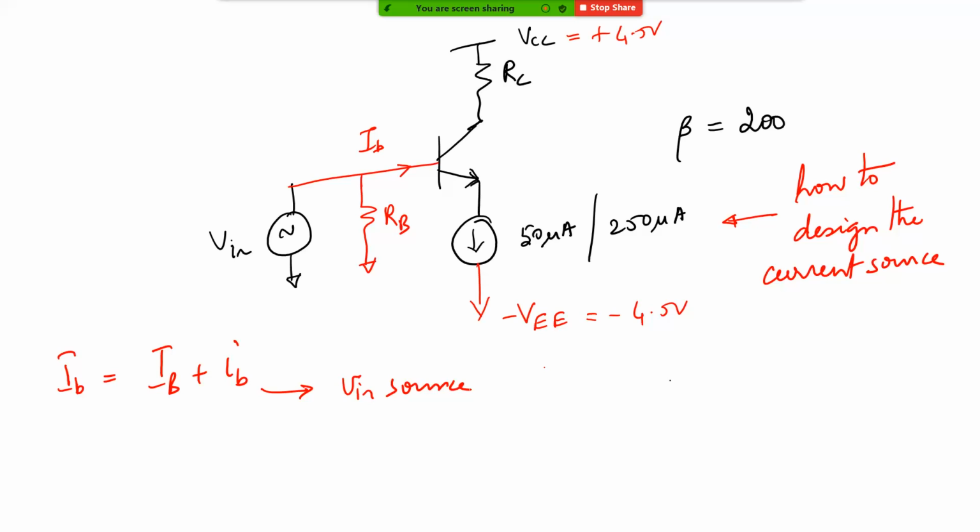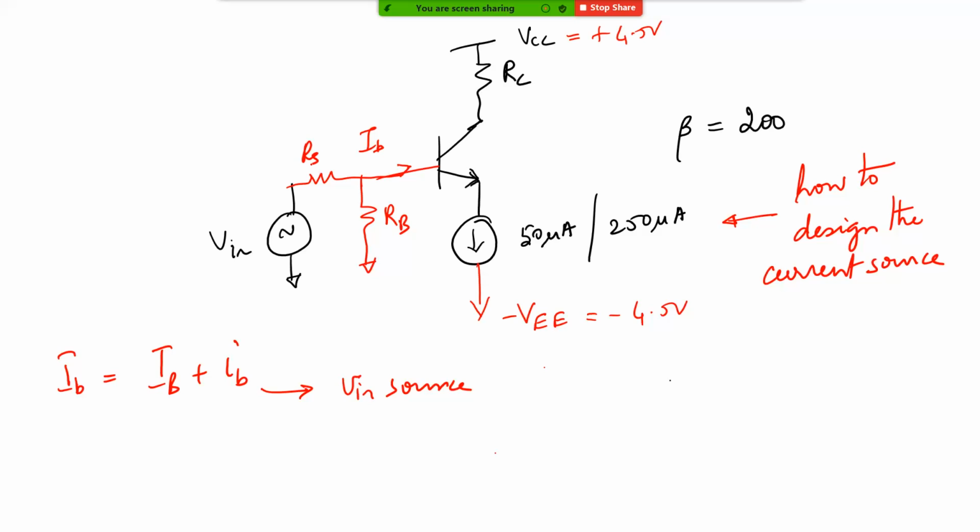Many times it's not at all a good idea to take it from the source. For the sake of simplicity, I didn't put this RS. If you put this RS, RS is fairly high. You don't want the base current to flow through RS.